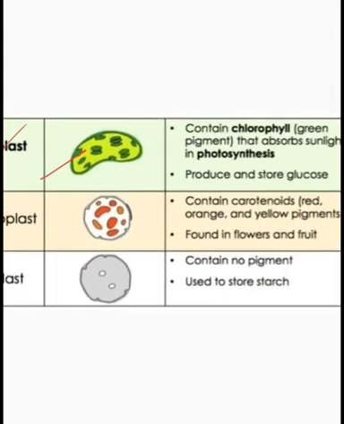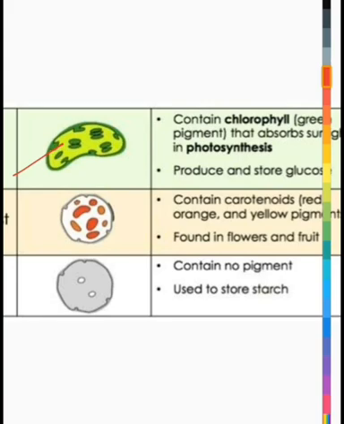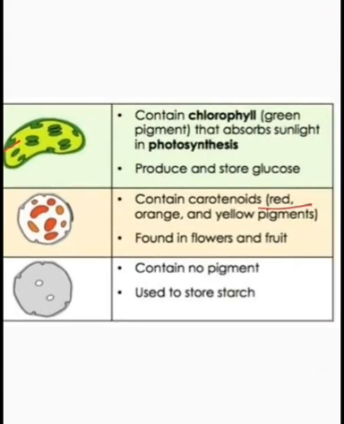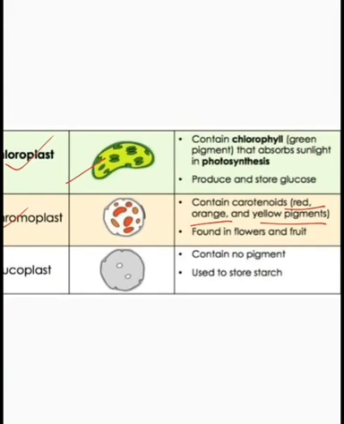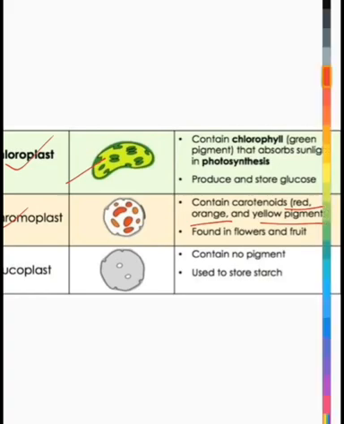They contain carotenoids, which are red, orange and yellow pigments, and they are mainly found in flowers and fruits, giving color to the colorful petals of flowers and also different fruits.